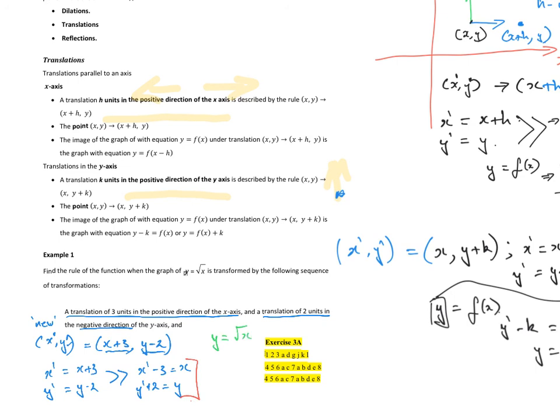So the y value is y dash plus 2 equals the square root of the x value, which is x dash minus 3. So my new function is y equals the square root of x minus 3, minus 2. Okay, so whilst we may be able to get to that point a little bit more directly without doing the x dash and y dash, I want you to practice that process so that as we move on, things become a little bit simpler.